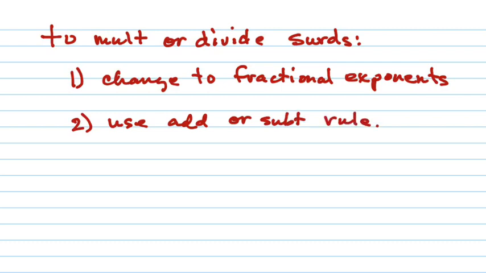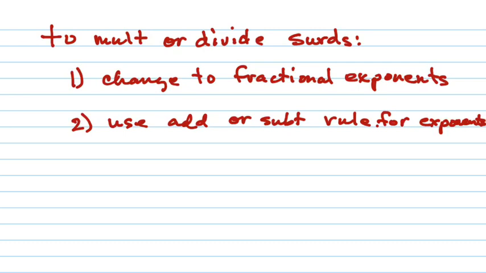Add if you are multiplying, subtract if you are dividing. Those are the two simplification rules for exponents. If you're multiplying, you can add them; if you're dividing, you can subtract them.